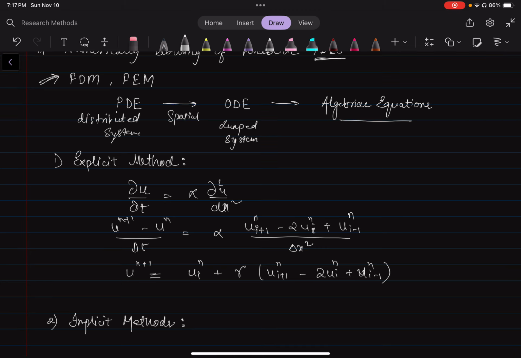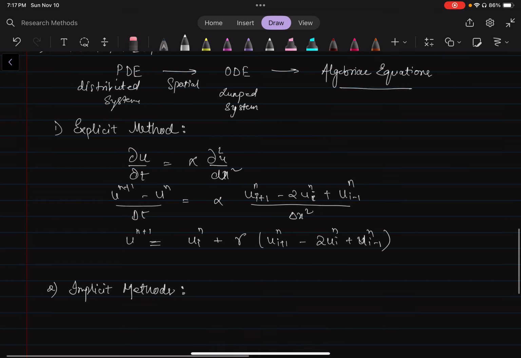Looking into this, there are three very well-known methods. The first one is the explicit method. In the explicit method, we consider the same heat equation and discretize it over both space and time.